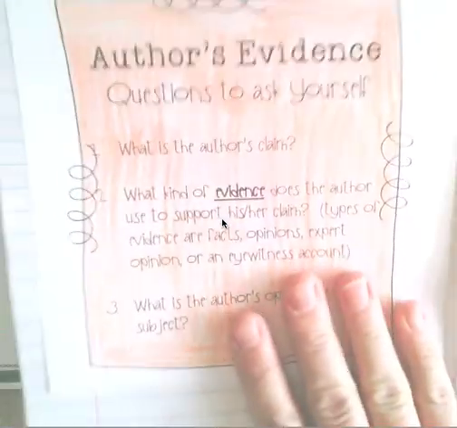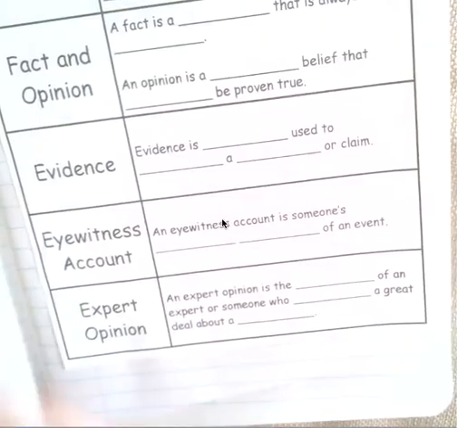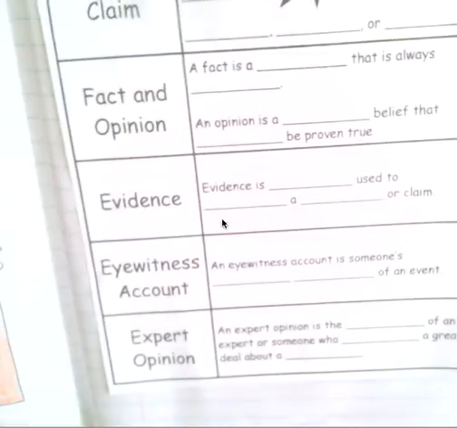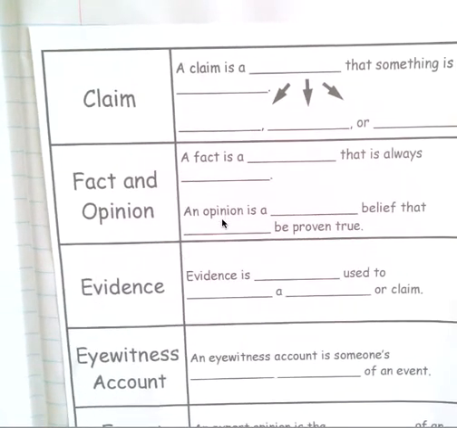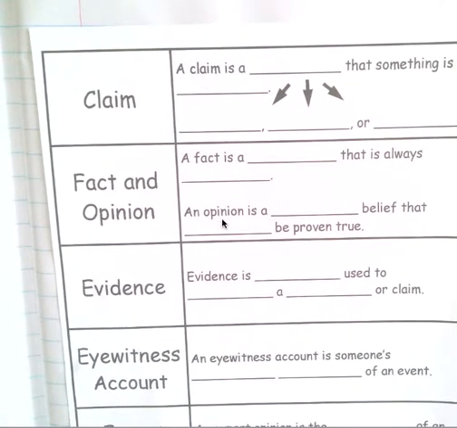All right, if we go to our other page, which I have already glued in, so if you need to take a moment to do the same, go ahead. We are going to talk about the types of evidence mentioned on our other page. First of all, we have our claim, which is what the author is saying.